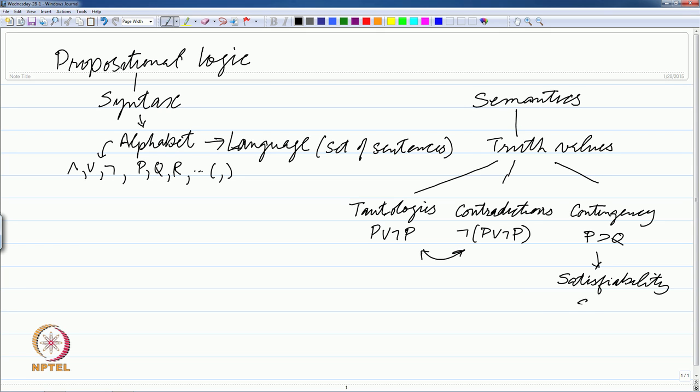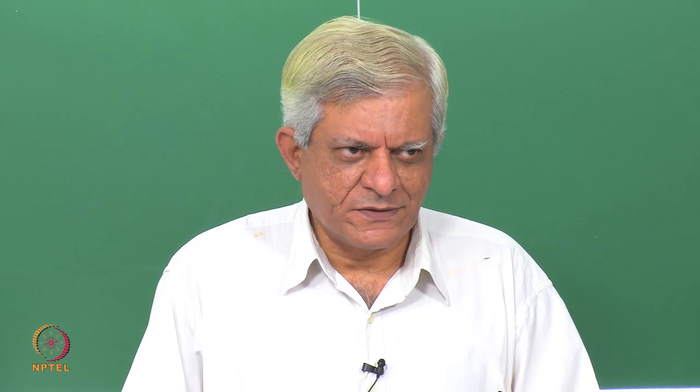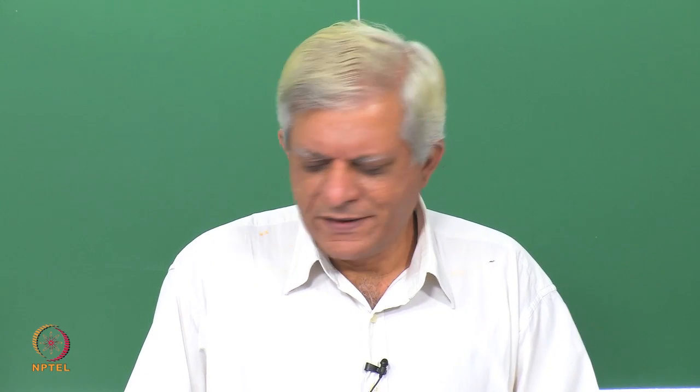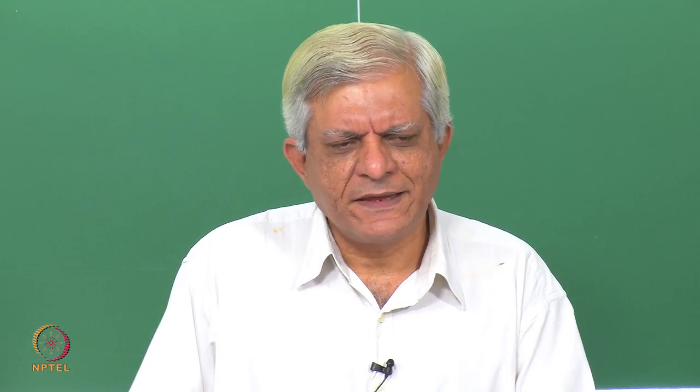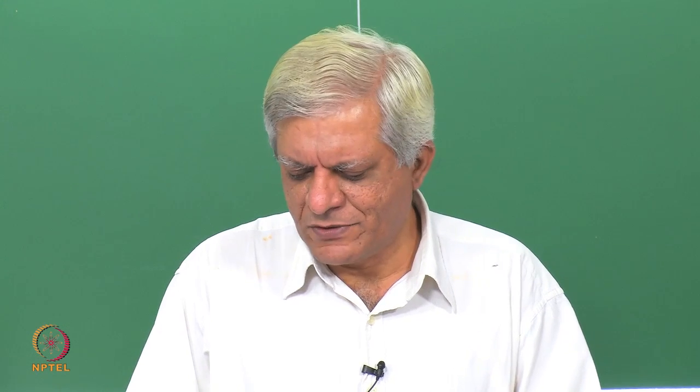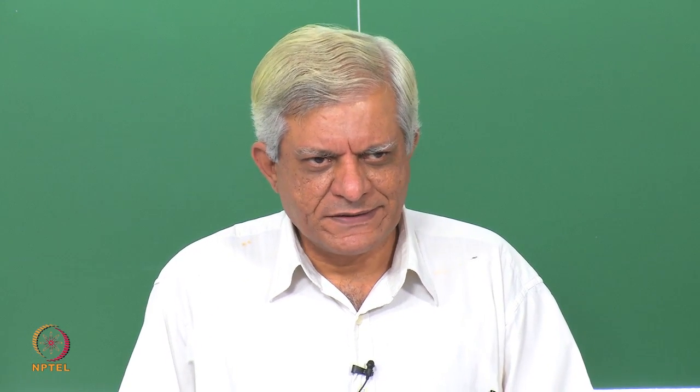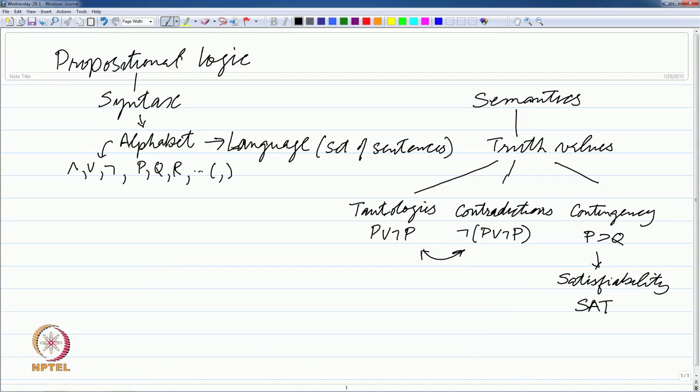The well known SAT problem, which is common in many areas of computer science, is basically addressing the satisfiability problem. You are given some sentence, and you are asking the question, is there some valuation which will make this sentence true. That is a different kind of game altogether, we will not get into that. We are more interested in tautologies and contradictions.